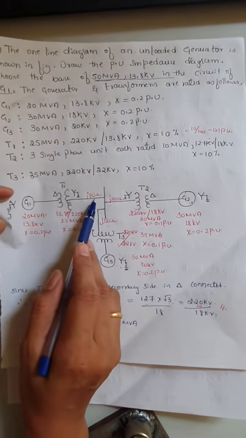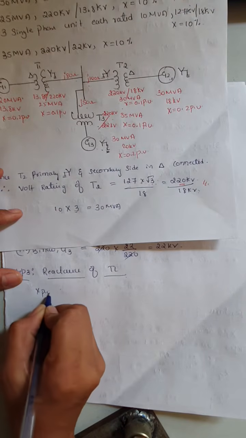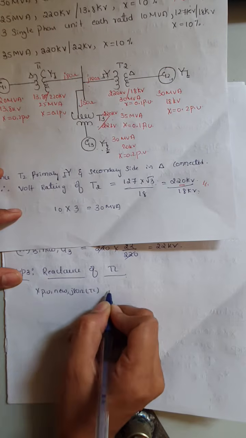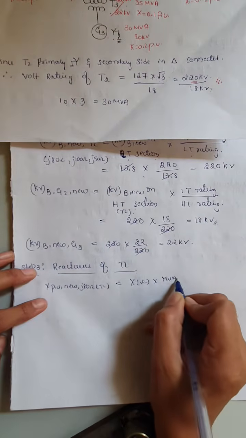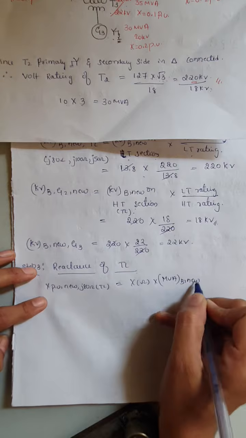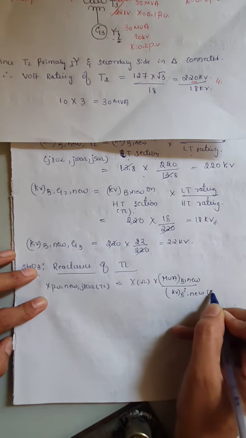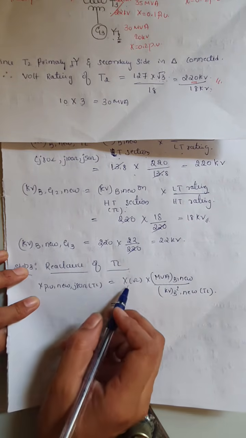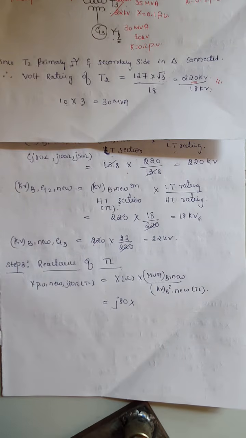First we'll do it for the J80 ohm transmission line. So X per unit new for J80 ohm transmission line is equal to, write the formula, X in ohm multiplied by MVA base new divided by kilovolt base square new of the transmission line. Since we are calculating for the J80 ohm, that reactance is J80 only multiplied by MVA base new.